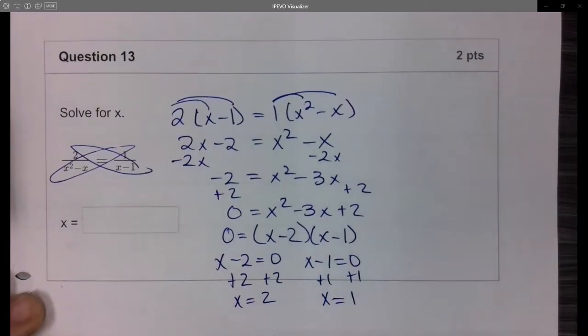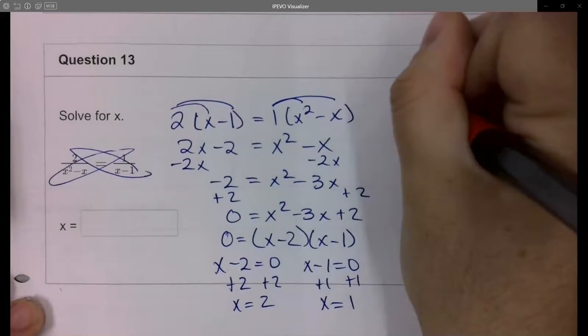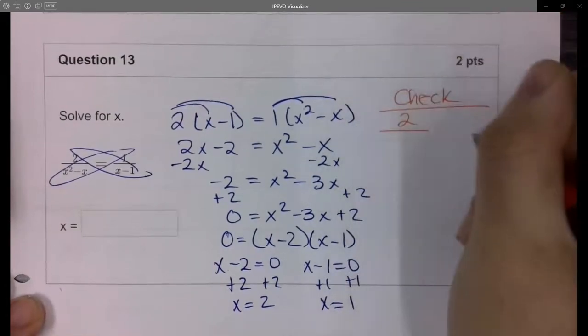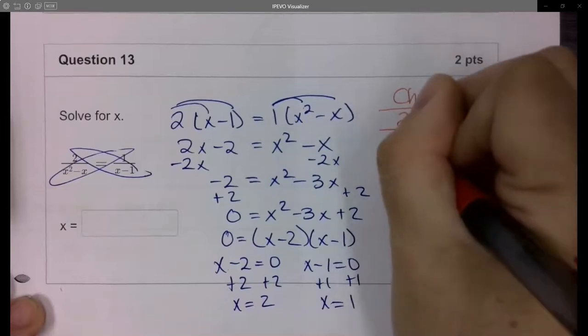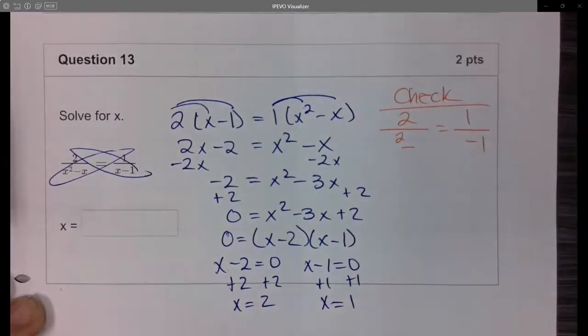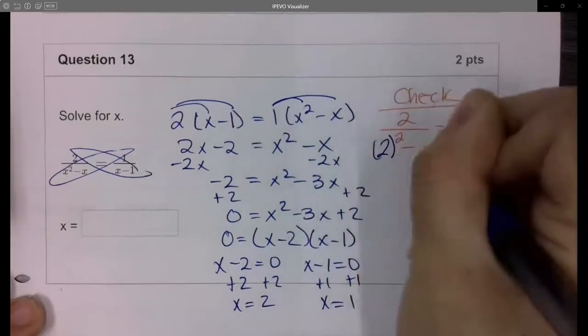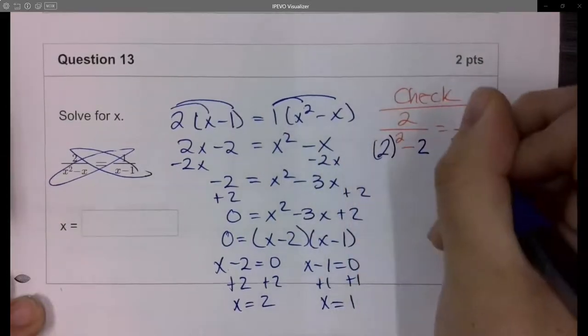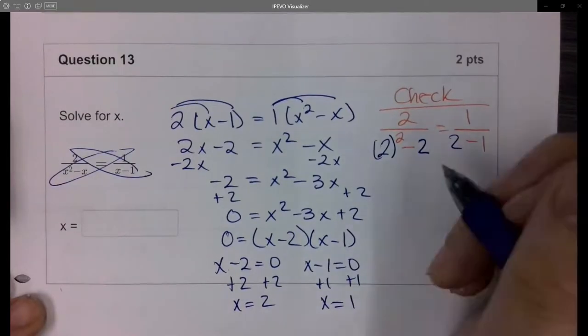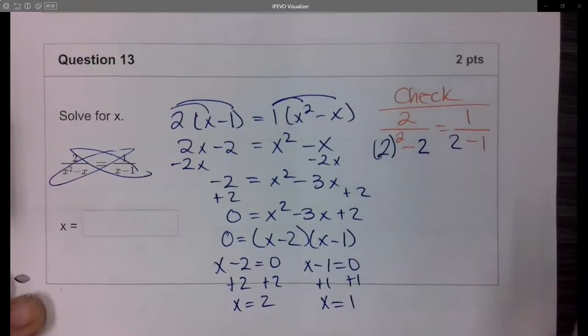Since I had a squared on the bottom, I want to go ahead and check my answers to make sure they work. So I'm going to start off by plugging in the 2. So I have 2 squared minus 2 on the first denominator and 2 minus 1 on the second. So when I simplify, it should give me the same number on both sides.